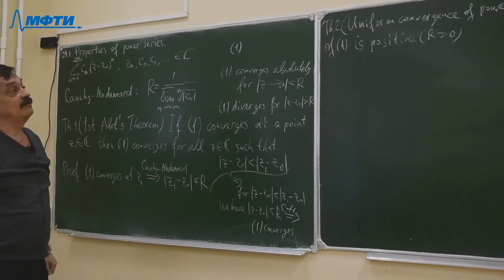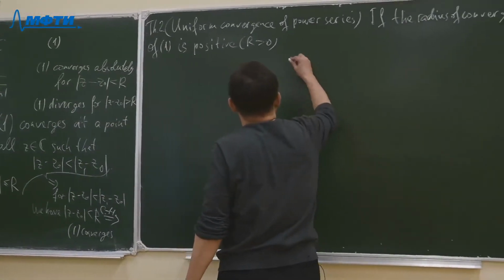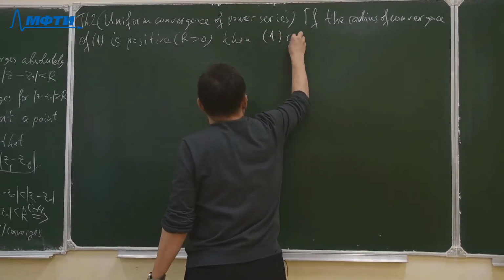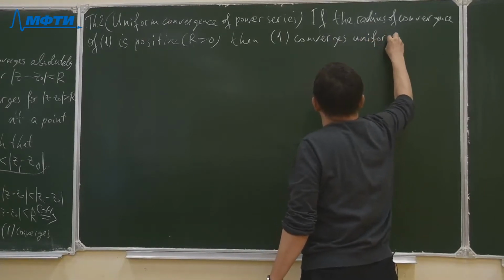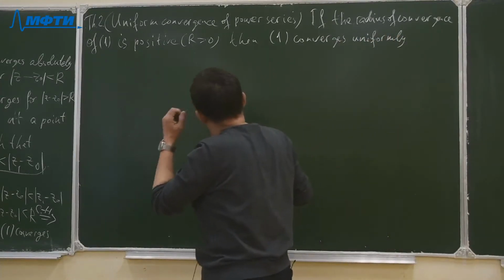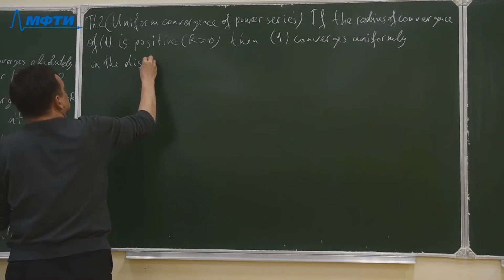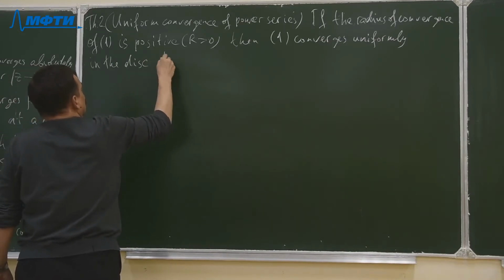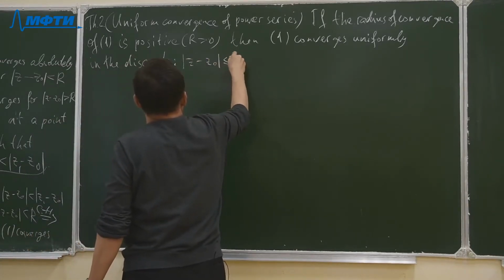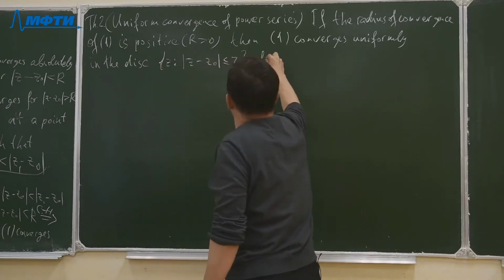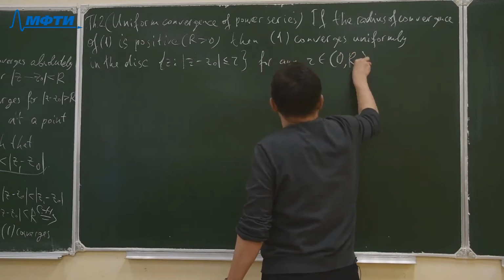So, if the radius of convergence is positive, then (1) converges uniformly in the disk of z such that |z minus z0| is less or equal than r for any r in (0, R).